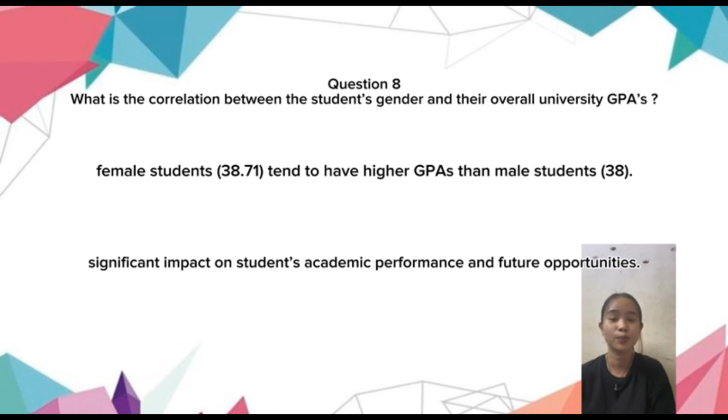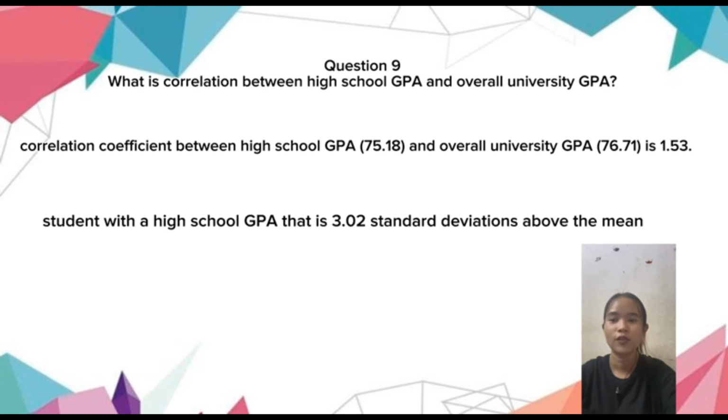This issue is important to consider that has a significant impact on students' academic performance and future opportunities. For question number 9, what is correlation between high school GPA and overall university GPA?